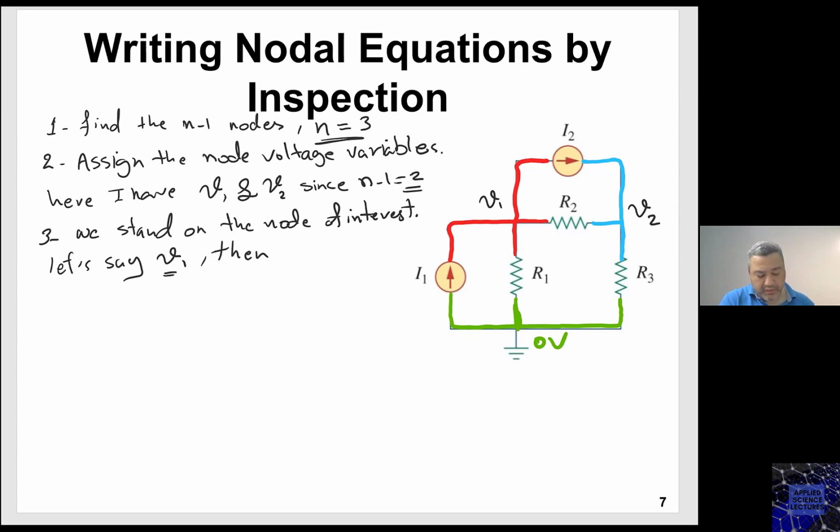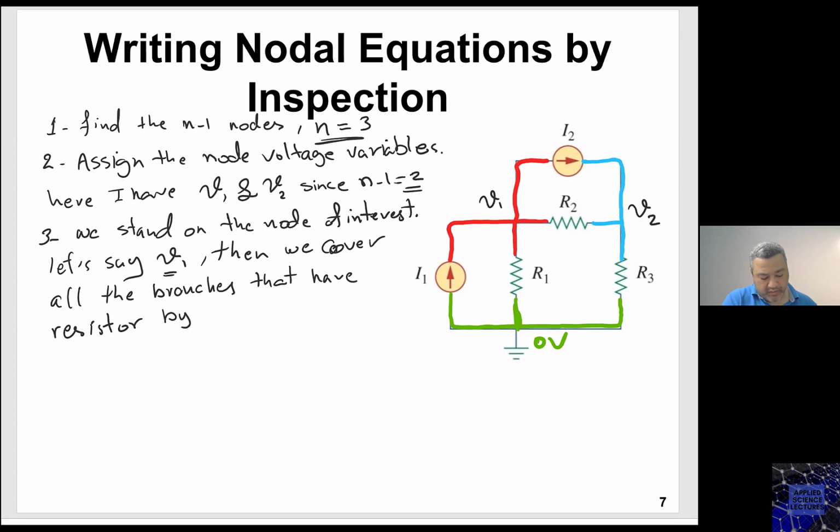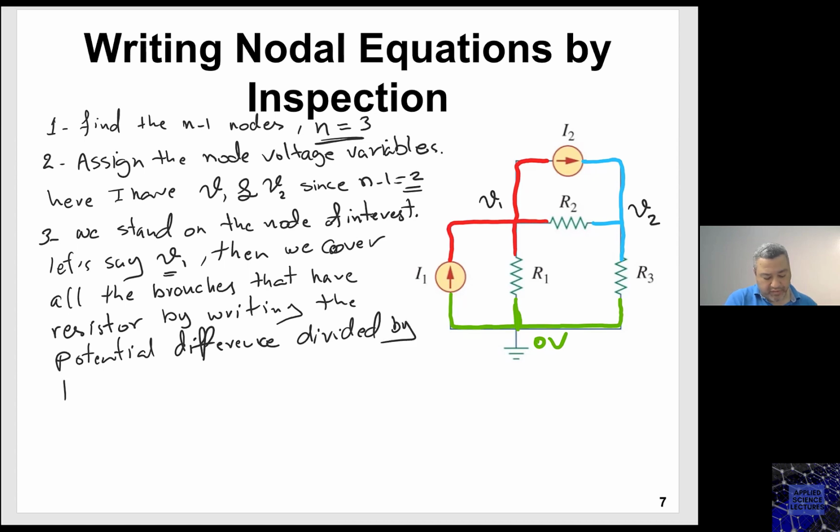Then we cover all the branches that have resistors by writing the potential difference divided by the resistor.